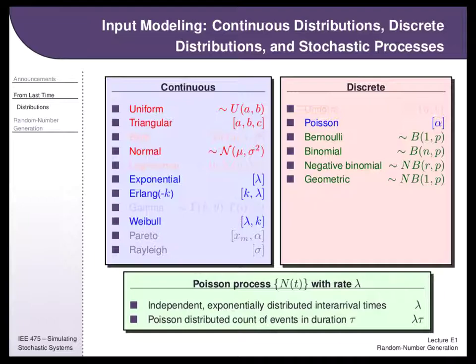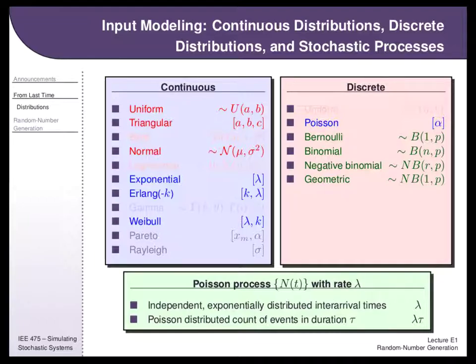But the idea of a process is you collect all of those together for some reason, and then at each index, you've got a different random variable. So in a Poisson process, it's the count of events that occur up through time t. We bundle all those together, and then we end up talking about relationships between those random variables.